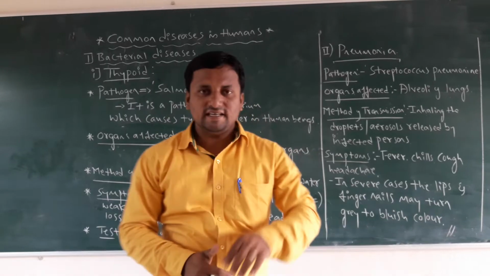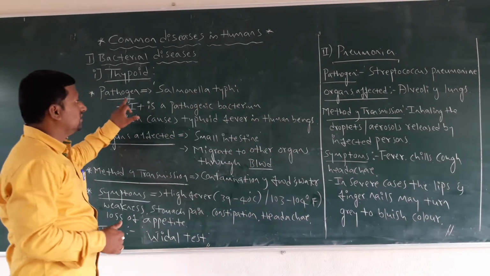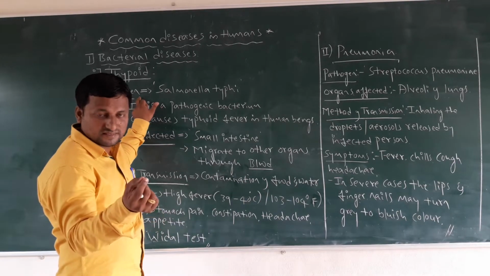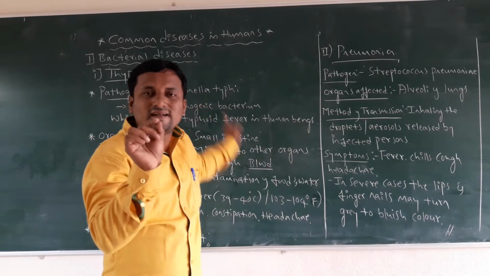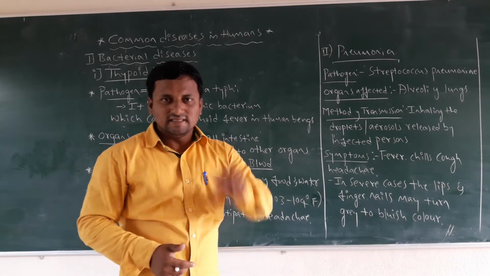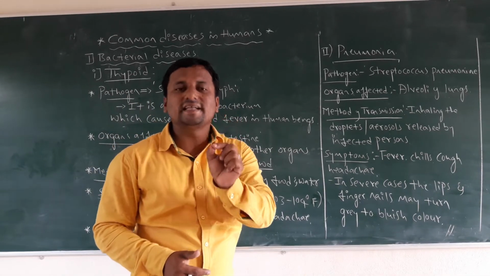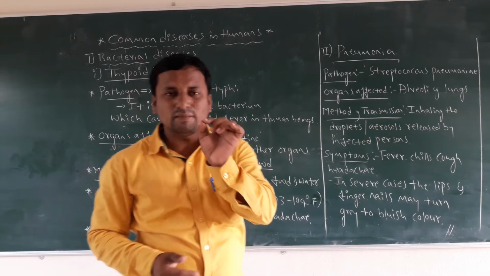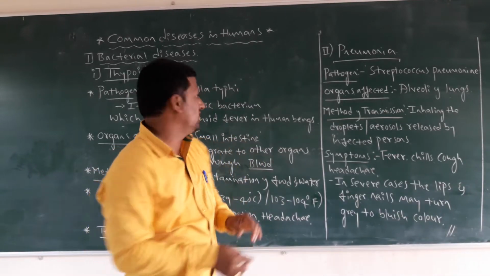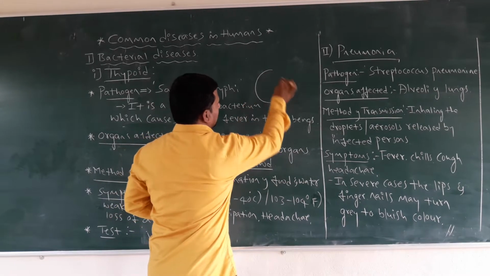This typhoid is caused by a pathogen, a bacterium called Salmonella typhi. Salmonella typhi is a pathogenic, rod-shaped bacterium. Already you know that these are called rod-shaped bacteria.